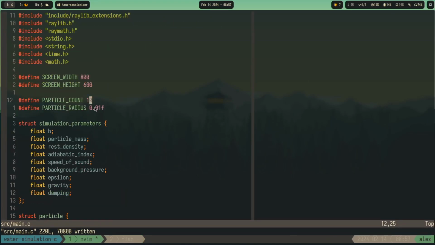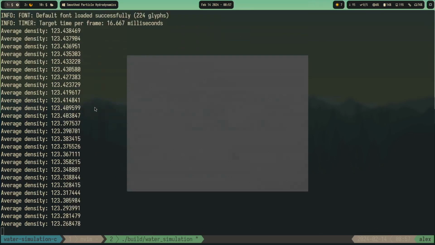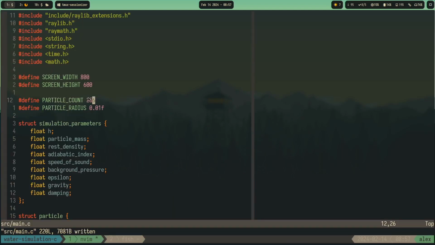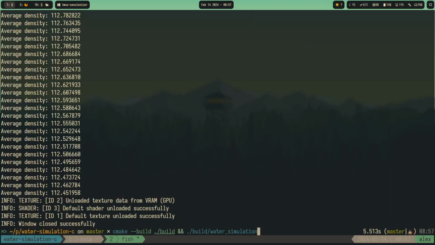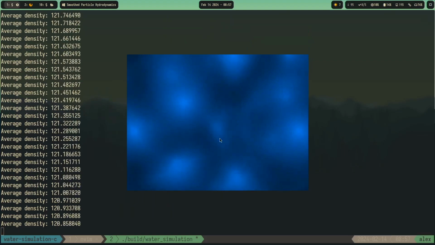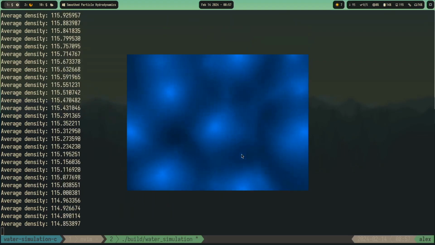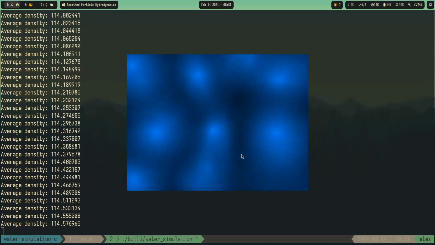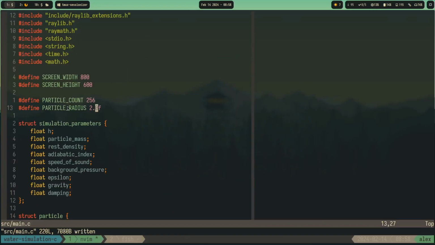Let's put like 56. So for this one it should be around 120. Yeah, but we cannot really see the particles, they are too small. Let's say the radius is larger. I mean, at least this looks interesting.